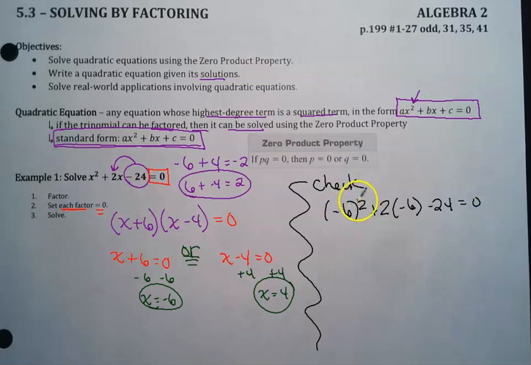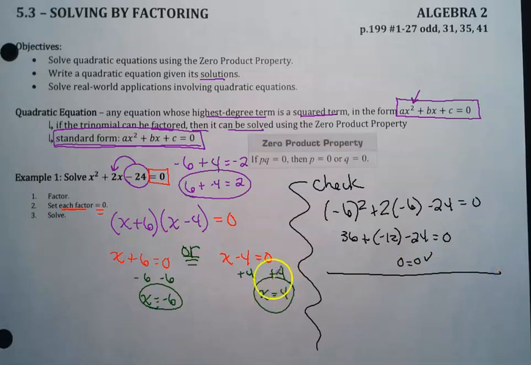Negative 6 squared is 36 plus 2 times negative 6 is negative 12 minus 24 should equal 0. 36 plus negative 12 is 24. 24 minus 24 is 0. So that one checks out.